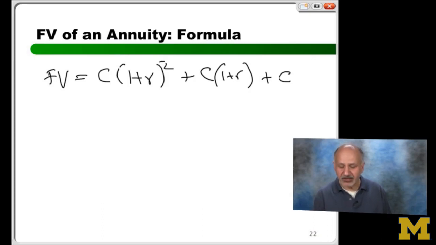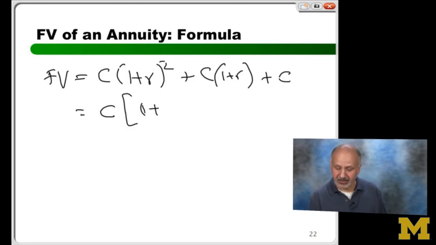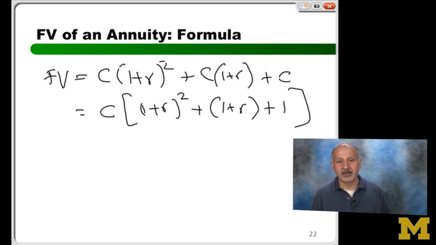The one cool thing about an annuity is that I can take C out in common, right? And I can do 1 plus R square, 1 plus R plus 1, right? So let me ask you, what would this be?